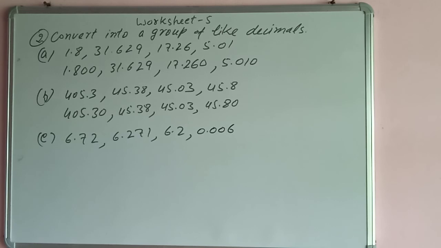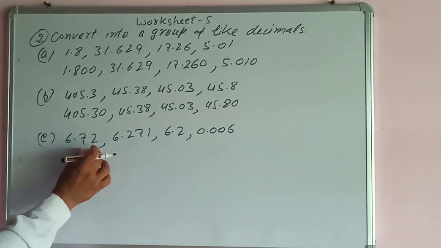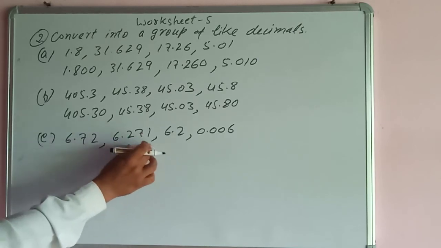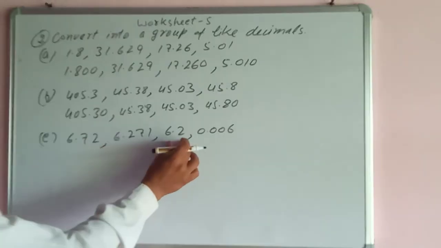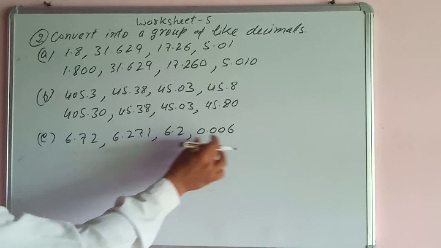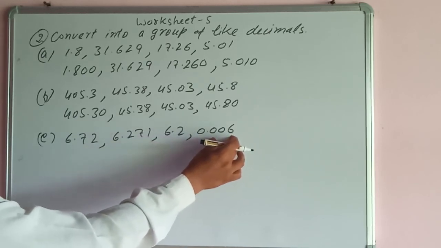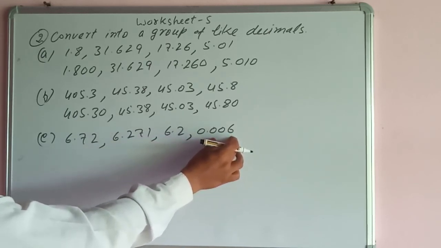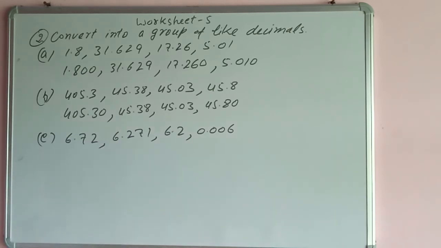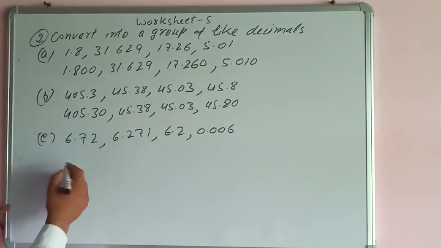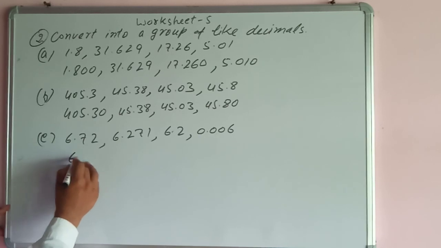Again here, the maximum number of places in the decimal part: in the first decimal number there are 2, in the second there are 3, in the third there is only 1, and in the fourth there are again 3 places in the decimal part. So to convert these into like decimals, there should be 3 places in the decimal part in all the given decimal numbers.